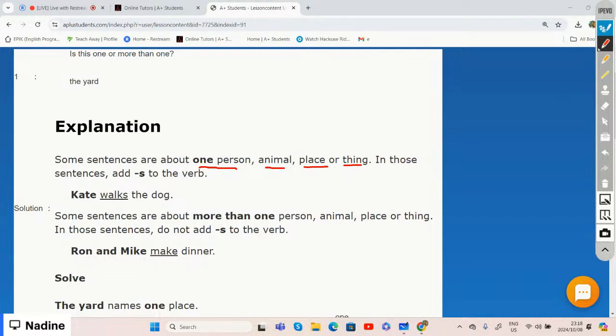And if our sentence is about one person, one animal, one place, or one thing, then we need to add an S to our verb. That's if our sentence makes mention of one person, one animal, one place, or one thing.